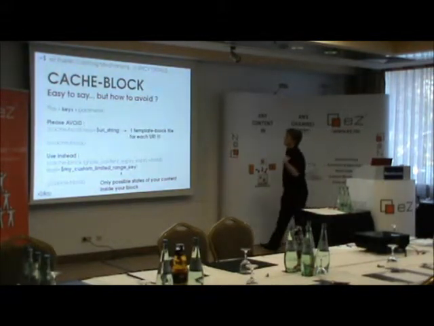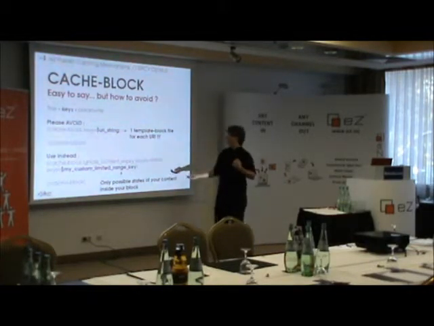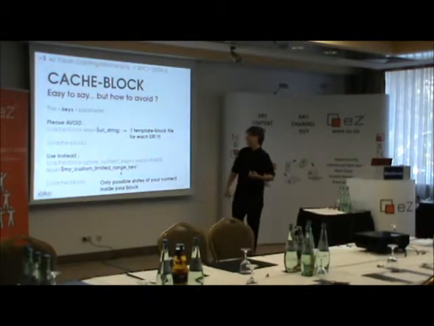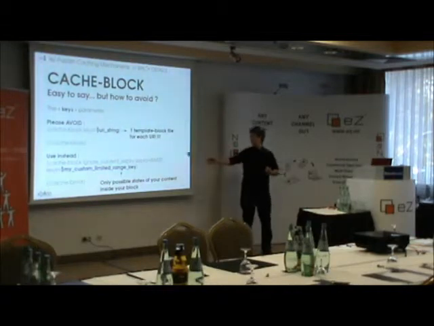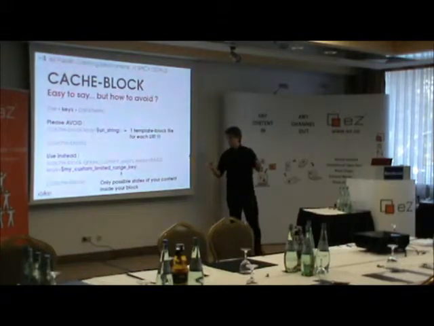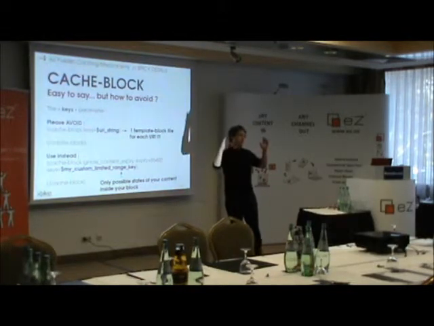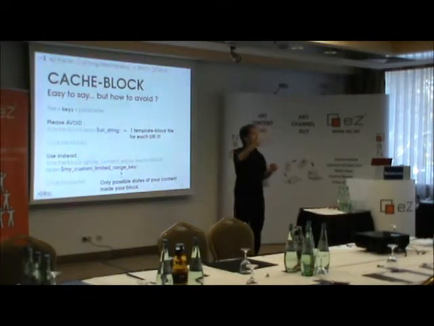So yes, that's easy to say, but how to avoid that? Because this is a perfect situation to have a cache block with linear content expiry, custom TTL on that, that's 1 day expiration time, and a custom key here, which is able to store only the different situations. For example, in your menu, you have 6 tab sections.